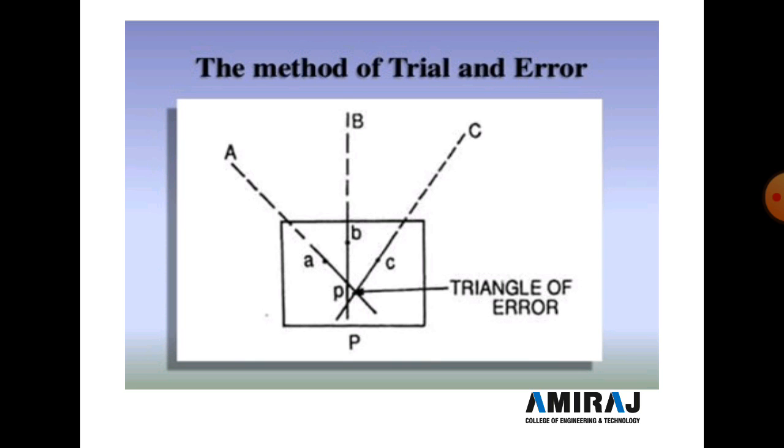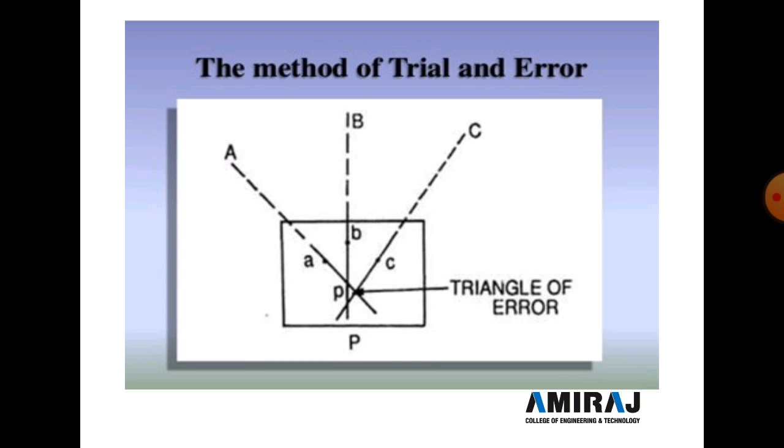So first we trial a to A, B to b and C to c. So A and C are intersecting at the P point, but the B line does not intersect at the P point, which means repeat the task and move the table some distance. Then after this, the lines A to a, C to c and B to b intersect at the P point, when all three lines intersect perfectly at the P point.